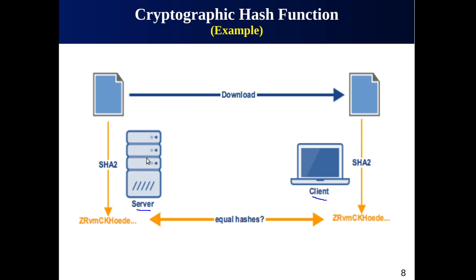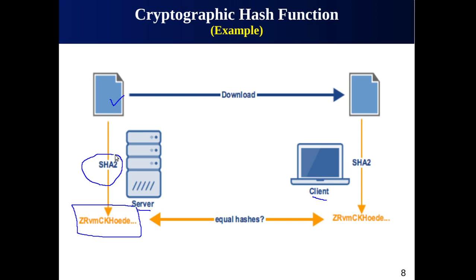Before the server sends out the file, it first obtains a hash value or a message digest of that file. So the server has to use a cryptographic hash function algorithm.